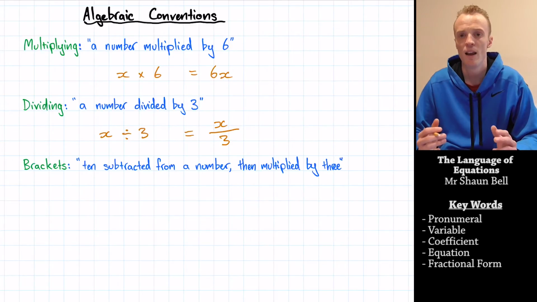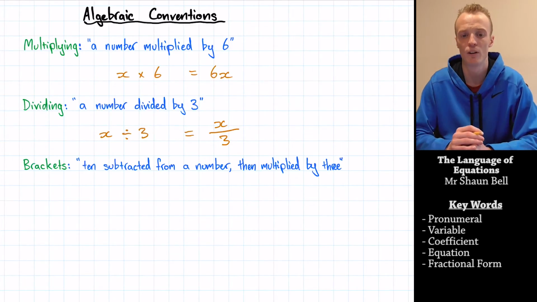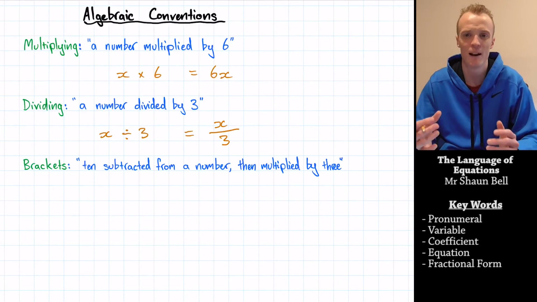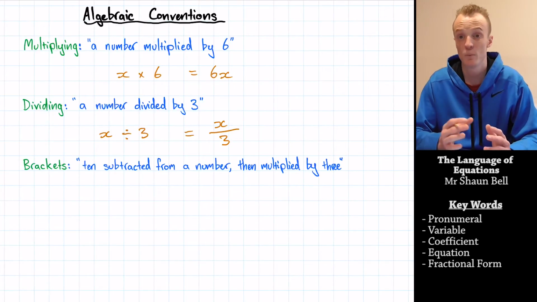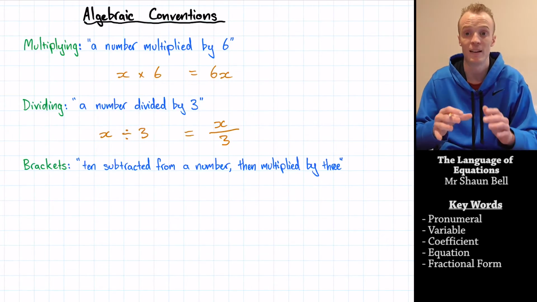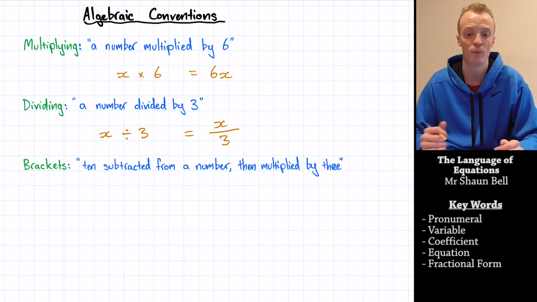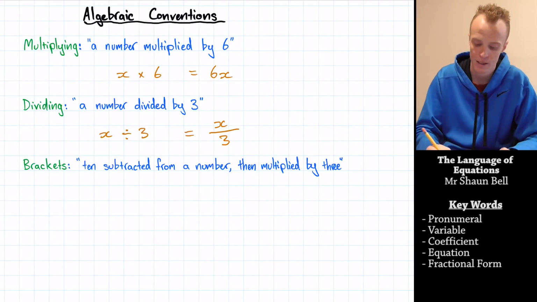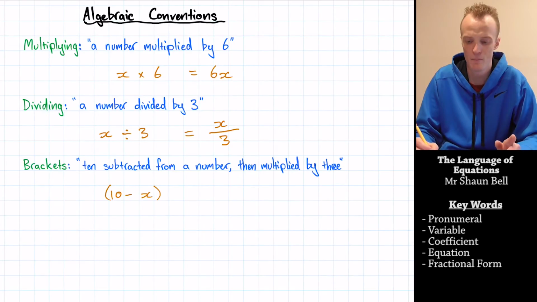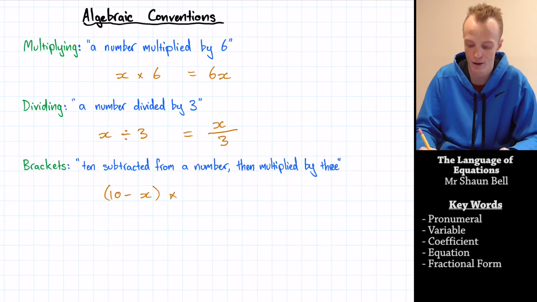And the third convention we came across was when we need to add brackets to a problem. And we also came across a situation where we need to do the brackets first and then multiply. For example, we might have had 10 subtracted from a number, then multiplied by 3. So we could write this as 10 subtracted from a number, which I'll write as x, then we multiply that by 3.